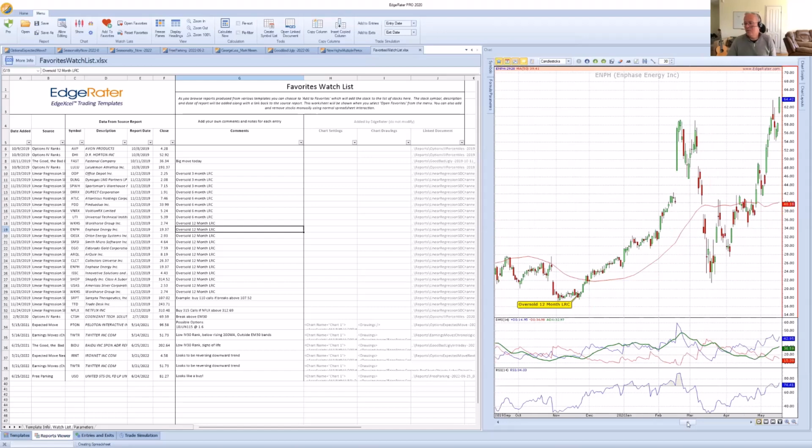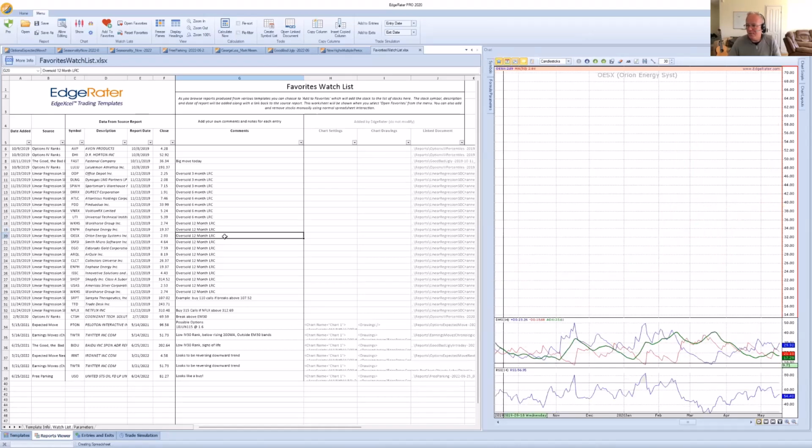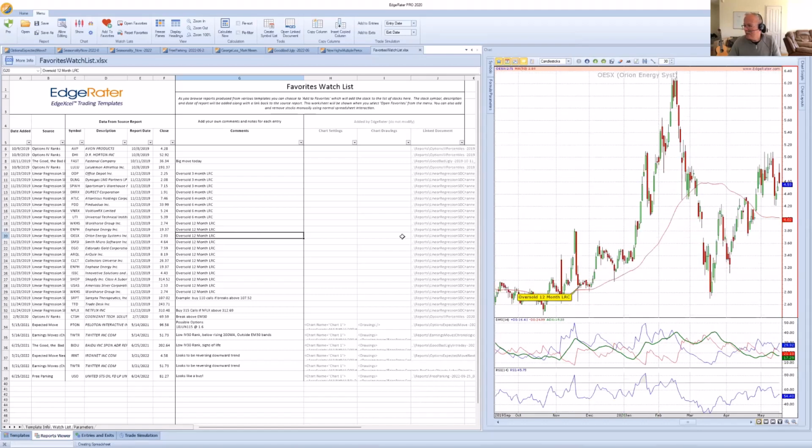I find that to be very useful because you may review hundreds of stocks every day. So if you see something that really sticks out, it's always good to add it to your list. Okay, we've got oversold on the 12-month linear regression channel. Made that note right here. Turned out to be an interesting note to make.